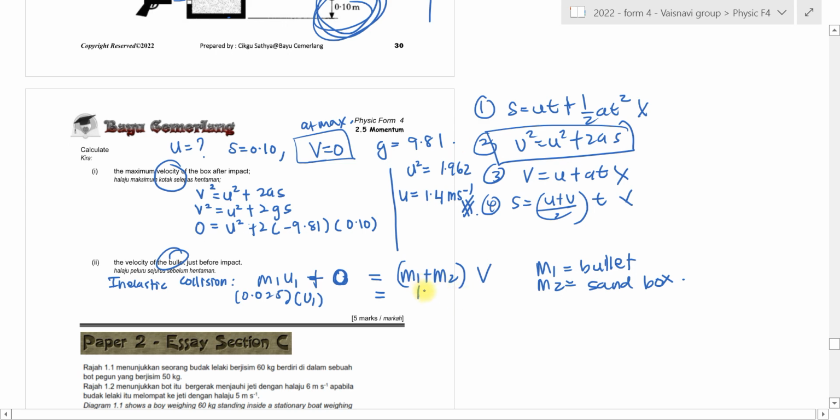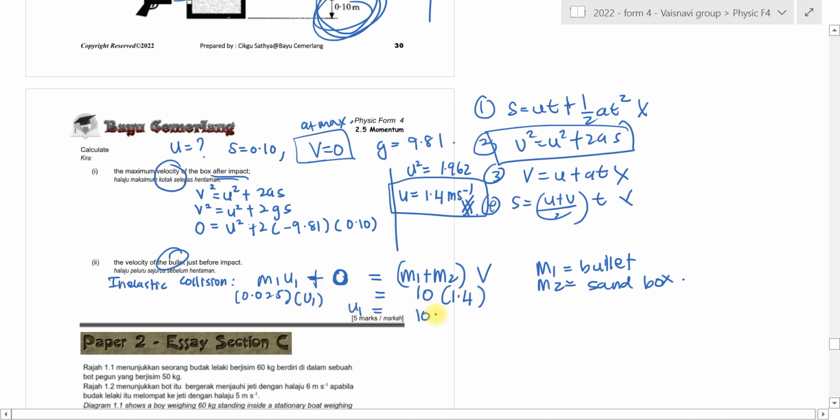Combined mass dia 10 lah. V ni tadi kita dah velocity after dia kena tembakan, kita tadi 1.4. Ganti je lah. After collision kan yang ni kita tanya. Kita tadi buat after impact, after collision. Okay, now you find your U1.